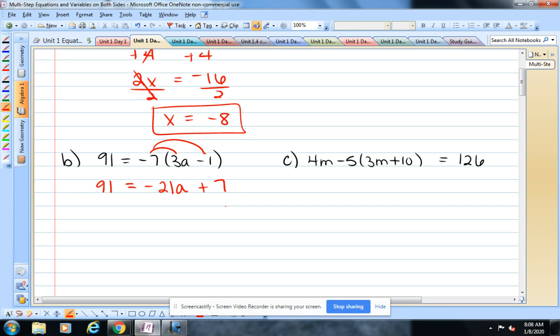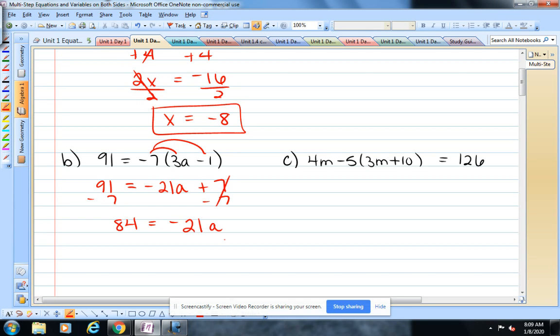All right. So now I've done that. And so now I'm back to a two-step equation again, aren't I? So I want to move everything away from my A. So what do I need to do first? Subtract 7. Very good. Try again. 84 equals negative 21. Hey, he's trying without a calculator.